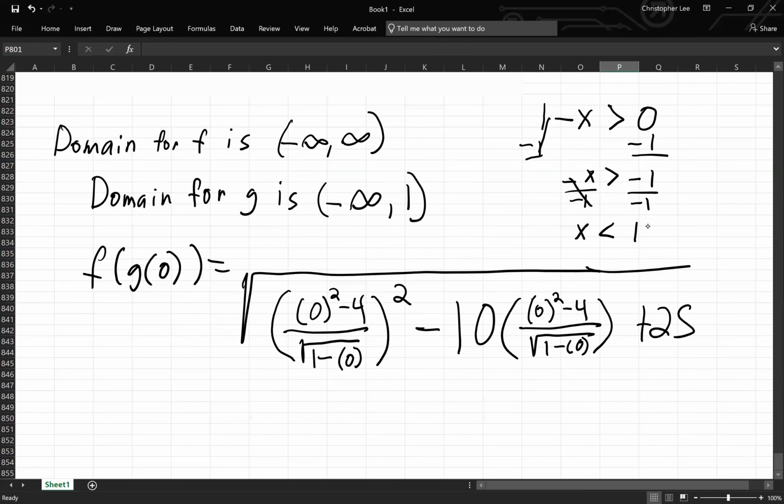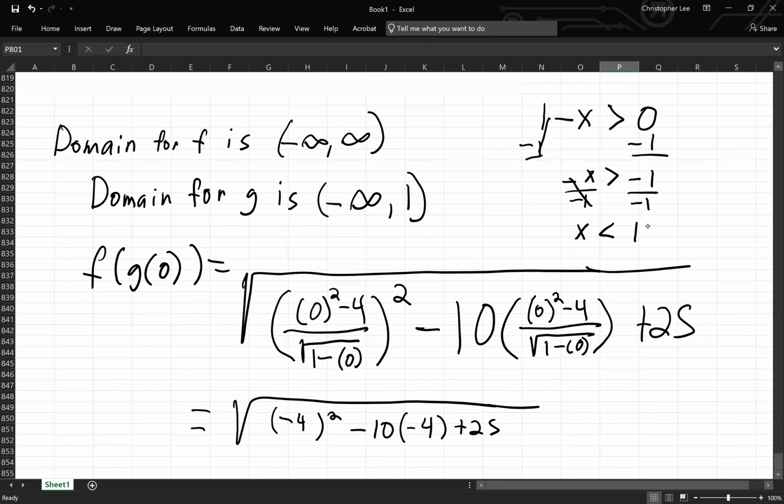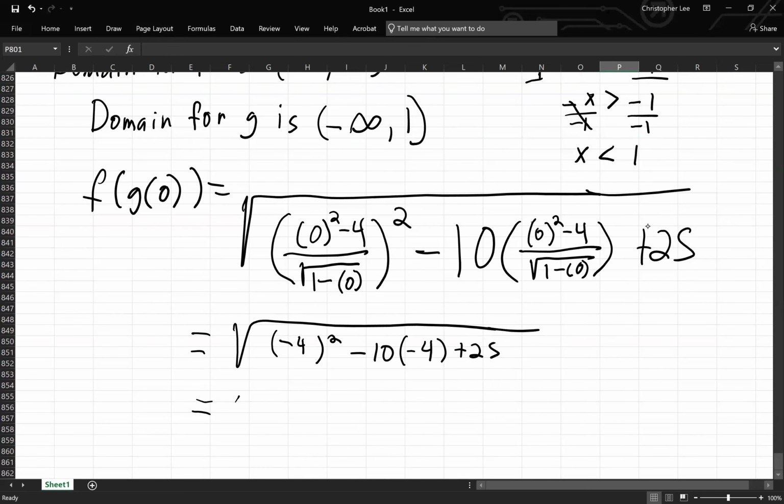Okay. And all we have to do is just evaluate this. Nothing crazy. This is the square root of negative 4 squared minus 10 times negative 4 plus 25. We'll do a little math on this. This is going to be the square root of 16 plus 40 plus 25, right?